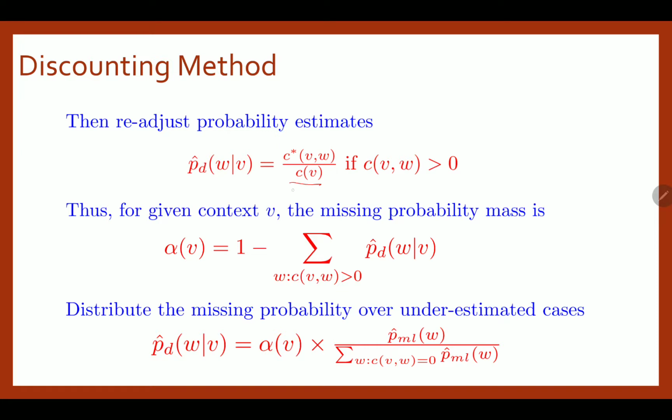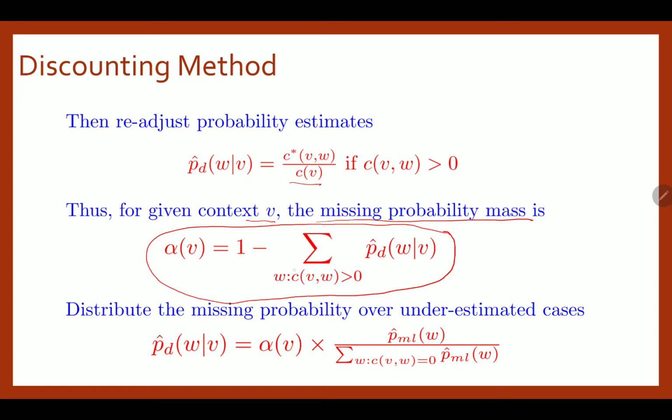Now for any V, we have this missing probability mass, because we have reduced the counts for these bigrams. So this much probability mass is now missing out. What we are going to do is redistribute it.